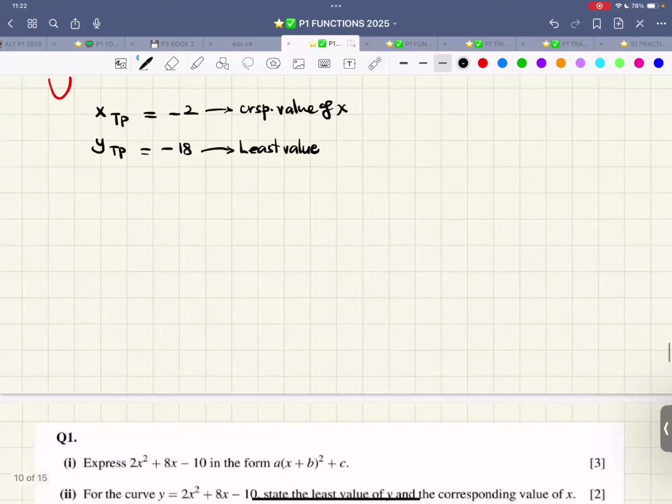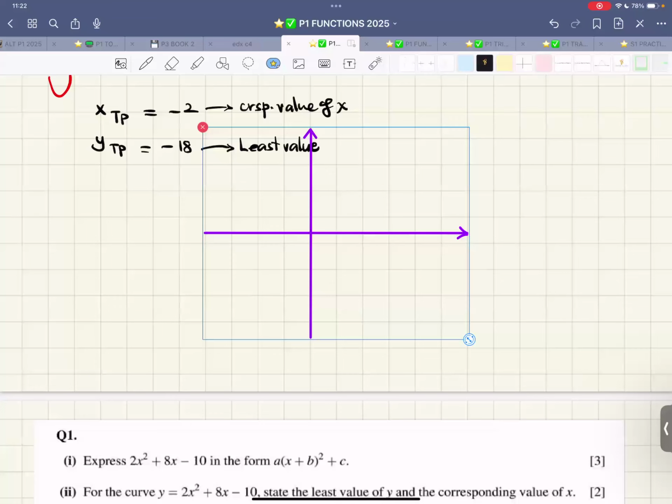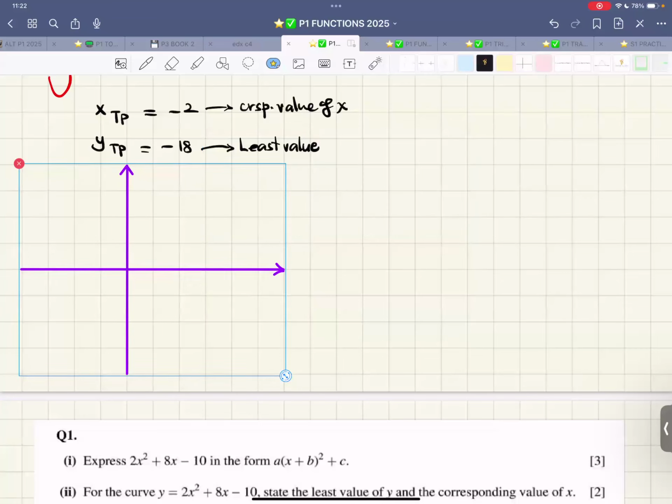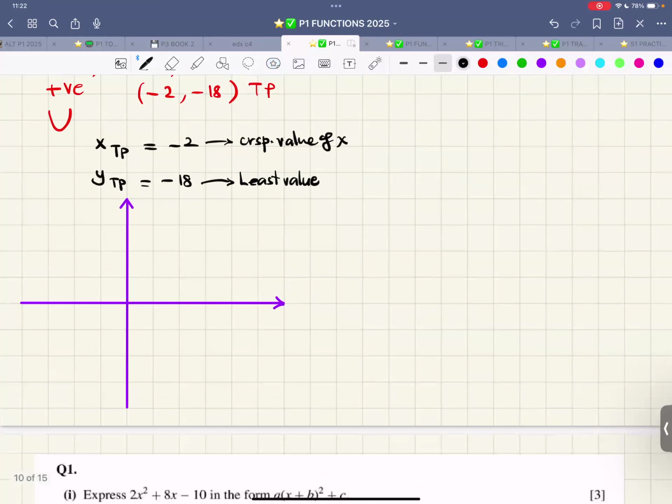So now let me show you a simple graph over here. Okay, I think that's the one. No, not this one. Using this one. So if I draw this, -2, -18, let me draw the graph like this.